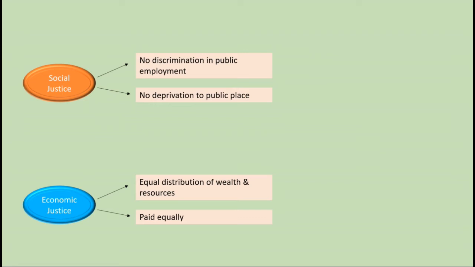Economic justice also stands for equal opportunities to earn their own living along with a living wage. Through the directive principles of state policy enshrined in Part 4 of the Constitution, economic justice can be achieved. The ideals of justice, that is political, social and economic, have been taken from the Russian Revolution of 1917.